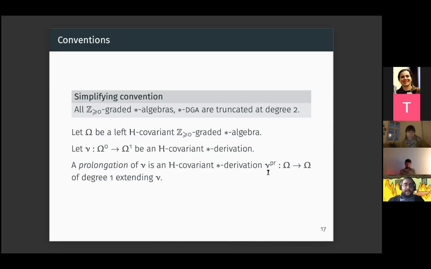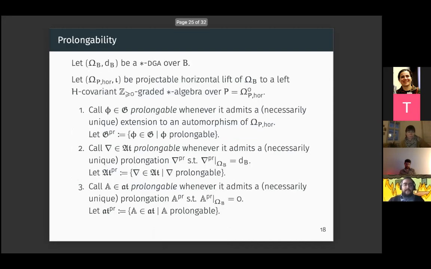What we're going to be concerned with is the easiest thing you can do, which is to focus on the horizontal piece of the picture and look at prolongations of gauge potentials and relative gauge potentials. So that's what we're going to do. Let's fix an exterior calculus on B. Again, I don't care about anything beyond degree 2.